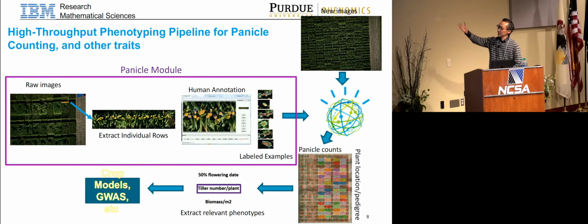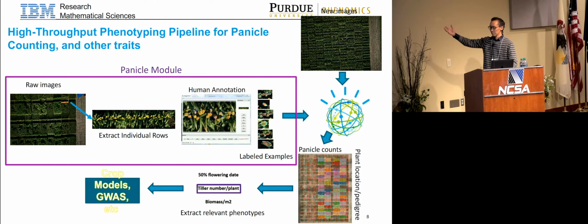So in the panicle module, we have raw images like what's being shown there, and individual rows are extracted from the raw images, and then we built some annotation tool that allows human experts to annotate the panicles in a limited number of images, so that a machine learning method can learn from these supervised training data.